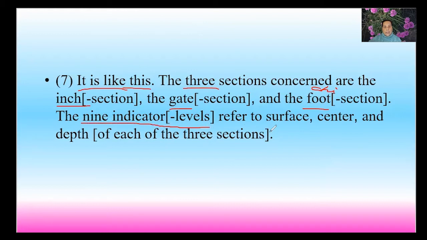That's the relationship: superficial, middle, and deeper in each of the 3 sections. So totally we're talking about 3 times 3. That's the 9 levels.